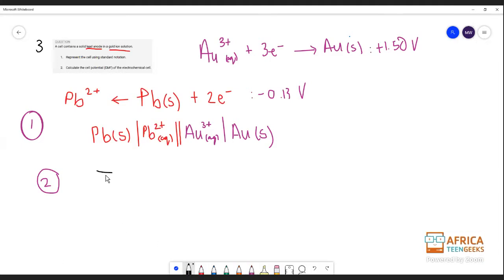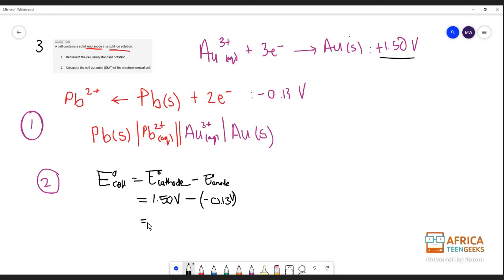So I like using the formula E cell is equal to E cathode minus E anode. My cathode is the reduction one. It's this value, so it's just 1.50 volts minus negative 0.13 volts.